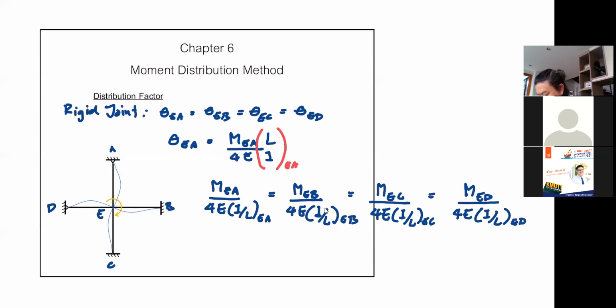Now, we all know one thing, that is our sigma ME must be equal to 0, correct?